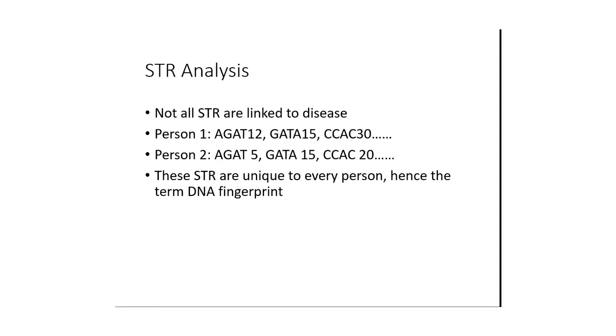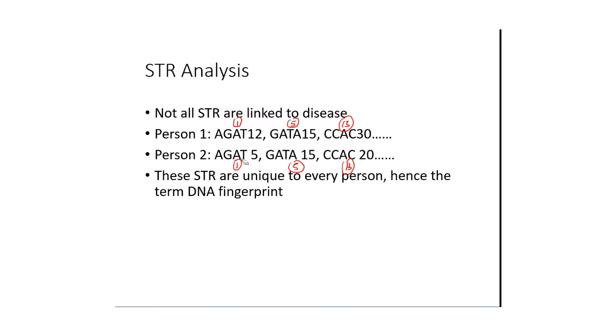So in the first person, we might have the STR AGAT repeated 12 times, GATA repeated 15 times, and CCAC repeated 30 times. This might be on chromosome 1, this might be on chromosome 5, and this might be on chromosome 13. In another person, the same set of STRs will be found at the exact same locations on chromosomes 1, 5, and 13.